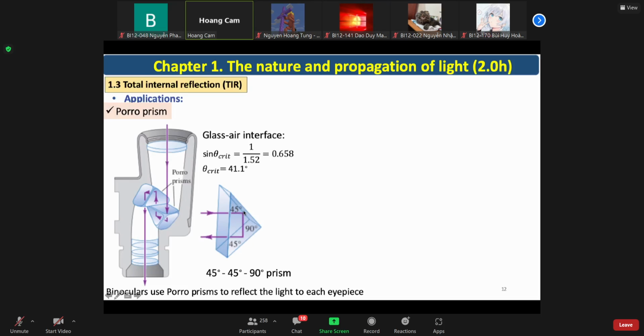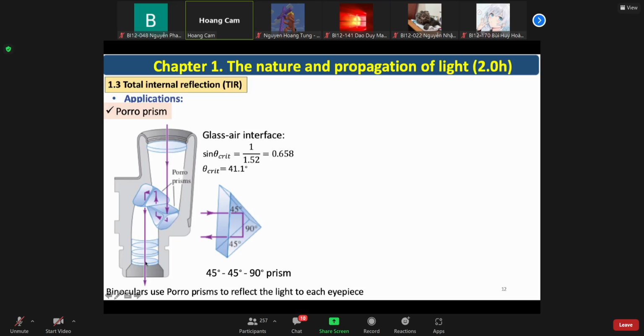So here's the so-called porro prism. And this binocular uses 2 porro prisms, one here. So they will arrange them in the right order, so that if you want to observe something, the signal or the incident ray comes this way, and then it will be reflected here. Okay, here, go again in this way, and then the output here.